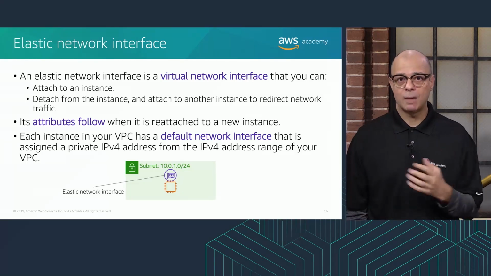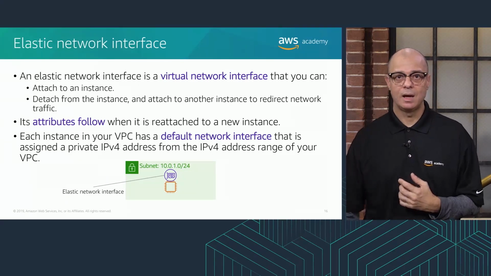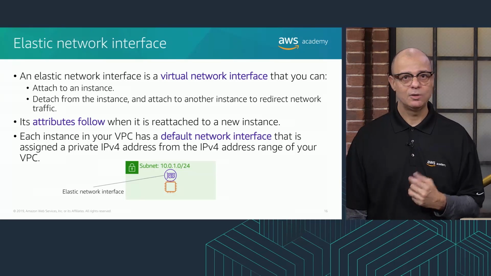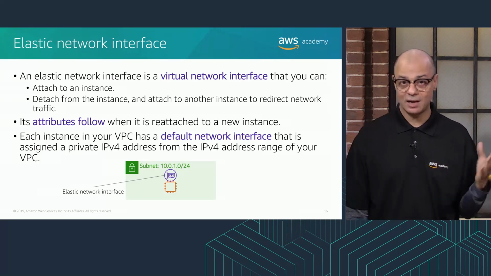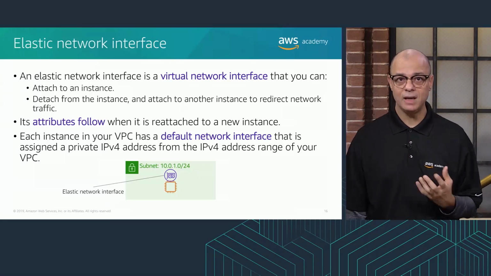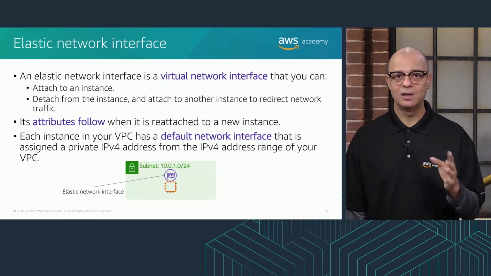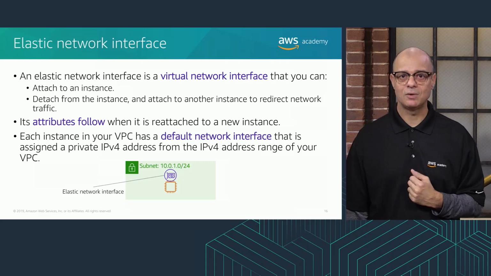It is assigned a private IPv4 address automatically, within the IPv4 address range of your VPC. You cannot detach a primary network interface from an instance. You can create and attach an additional network interface to any instance in your VPC. The number of network interfaces that you can attach changes by the instance type that you're utilizing.